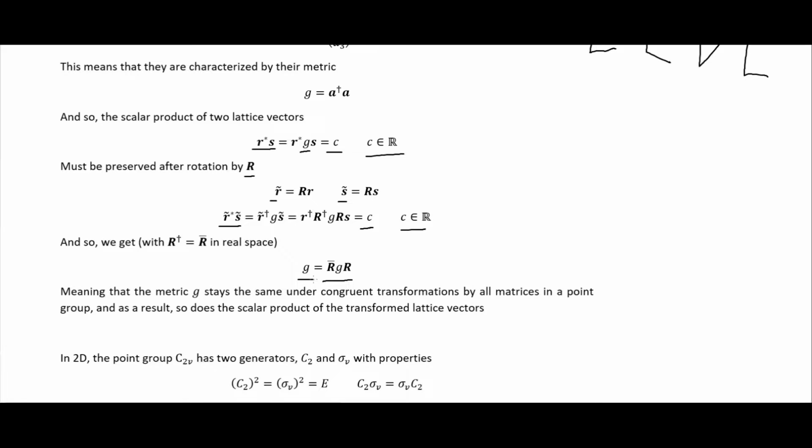And so the metric is the same under all these transformations, which is sort of a long-winded way of saying that we have to preserve lengths and angles after a rotation or reflection or whatever the symmetry operation is.